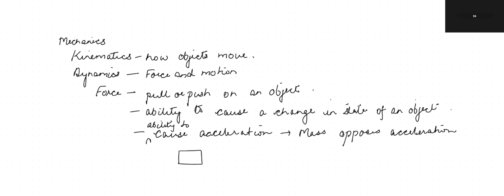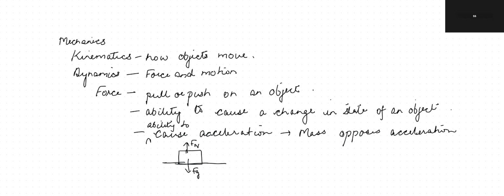Suppose a book is lying on the table. The force of gravity is acting downwards, but it doesn't fall down because the contact force, or the normal force, which the surface exerts on the book is acting upward.